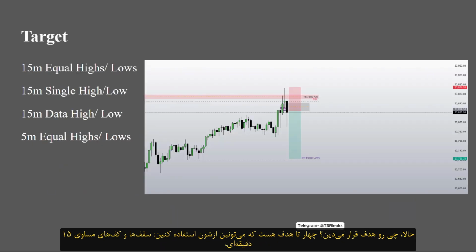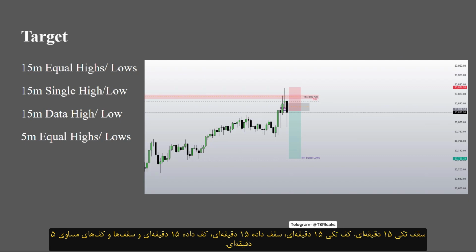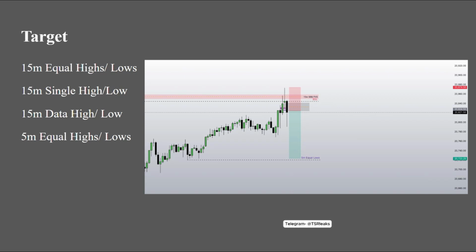Now, what do you target? There are 4 targets that you can utilize: 15-minute equal highs and lows, 15-minute single high, single low, 15-minute data high, data low, and 5-minute equal highs and equal lows.